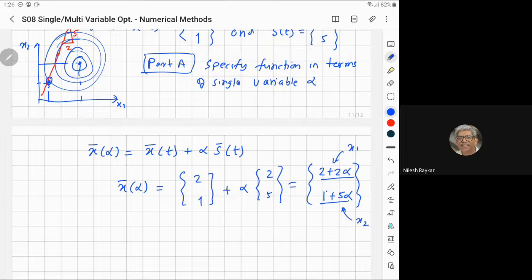The point at a relative distance alpha from the starting point has coordinates given in terms of alpha.